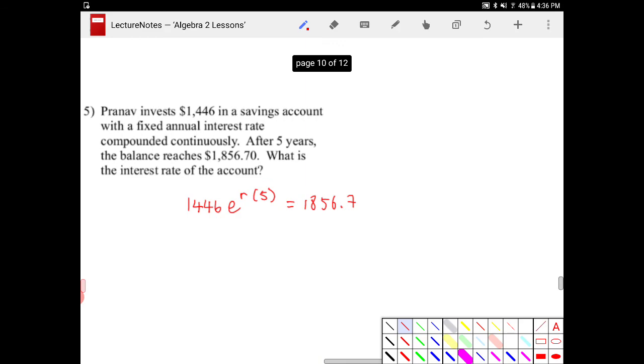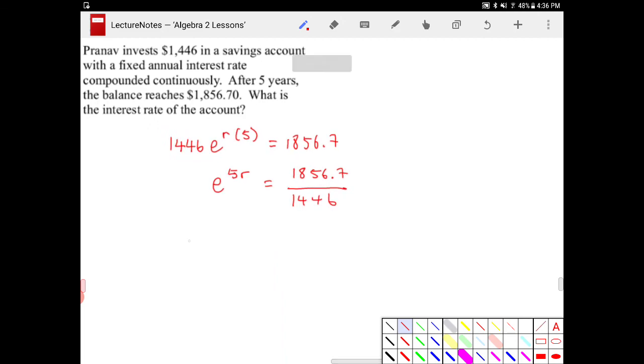So I need to get to that unknown exponent. I'm going to divide both sides by 1446. So 5r. I want to take the natural log of both sides.